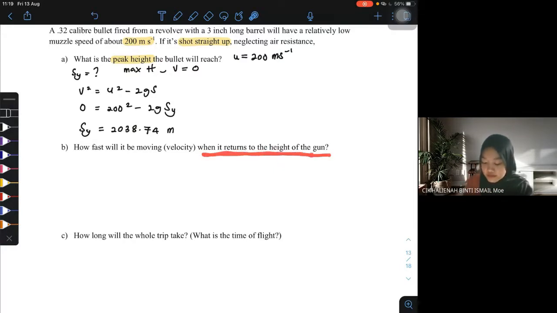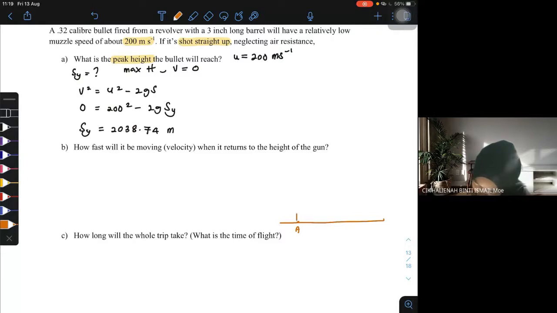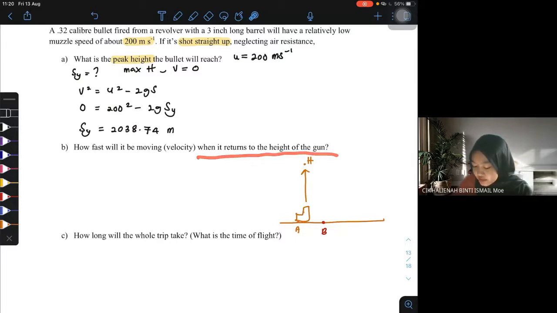What does that mean? Say the gun is here at point A. Then it shoots the bullet straight up, and it reaches a point which we call H, the maximum point. Then it falls back down to point B, which is at the same level as the gun. This is what it means to return to the height of the gun. It falls back to the origin.